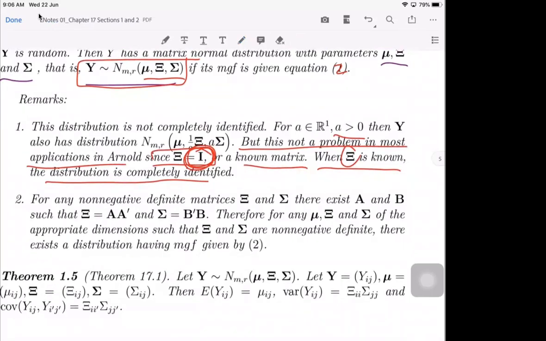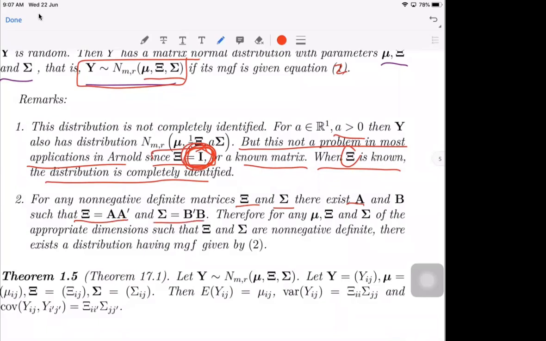The researcher should make sure that the cases or the rows are independent, so that we can assume it to have the identity matrix. So for any non-negative definite matrix sigma, psi and sigma, there always exist A and B such that we can write this.